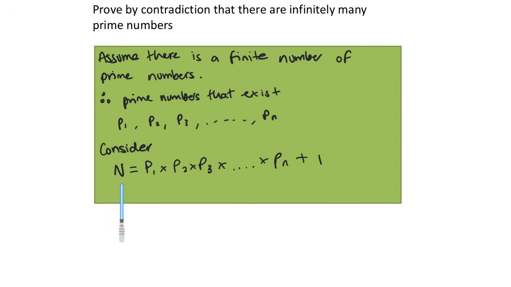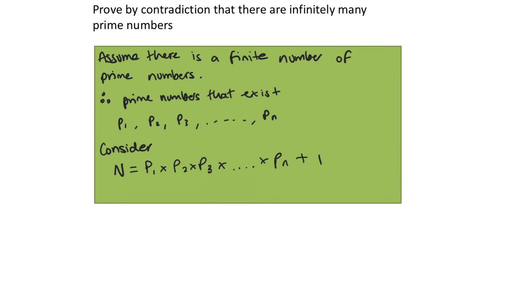So this number that we've considered is one more than the product of all the previous prime numbers. Okay? So, when we divide n by any of the prime numbers, P1, P2, P3, we're always going to get a remainder of 1.